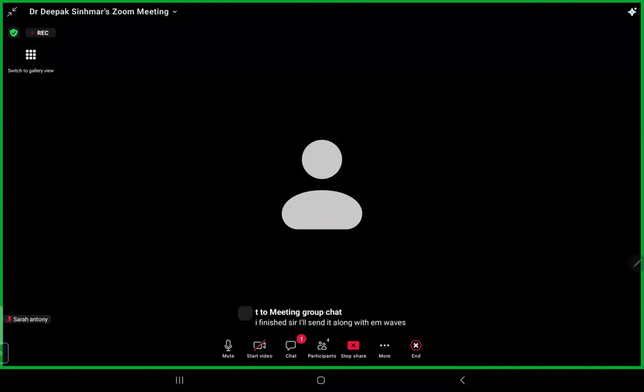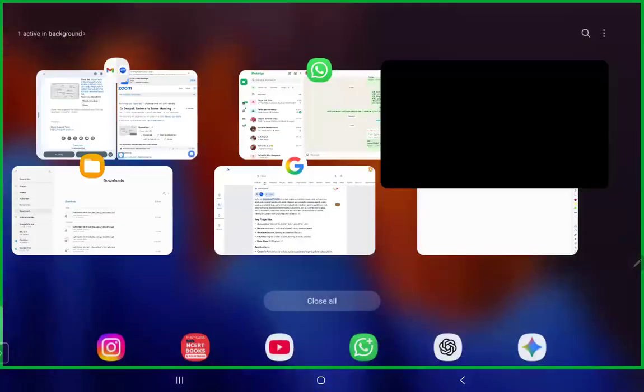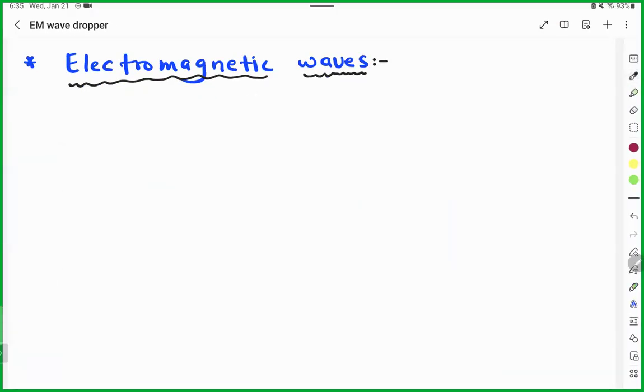I have finished it. I'll send it along with EM wave. Okay, but mention these are the yesterday's notes and these are the EM wave notes, because everybody, parents are also observing. So this is important.